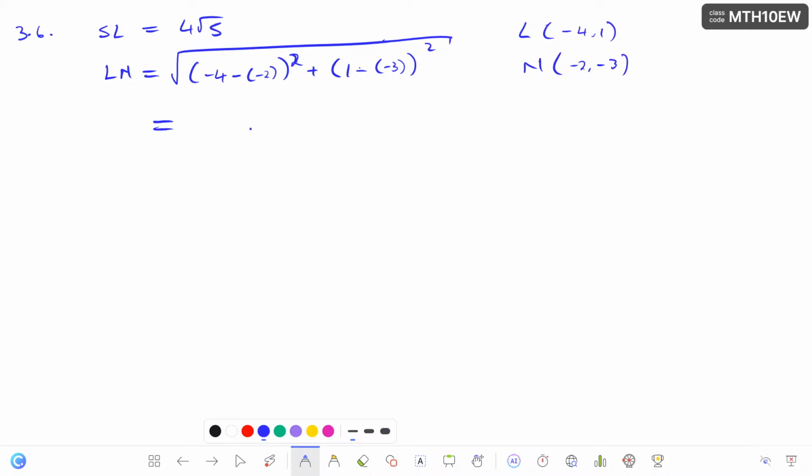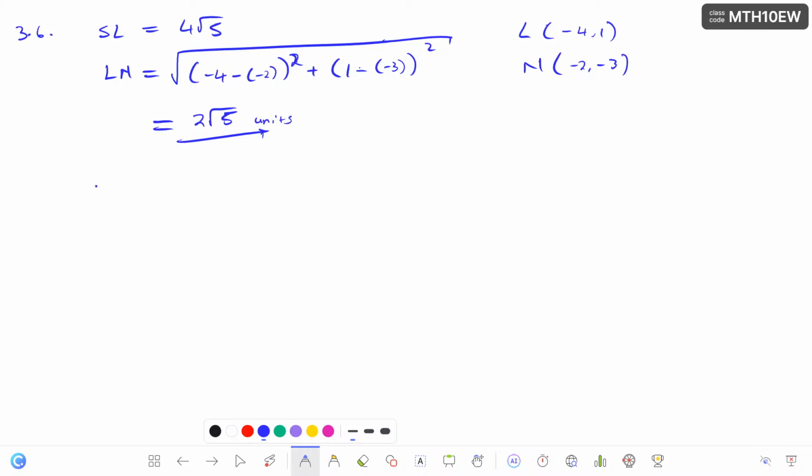So here, when I use my calculator, let me check. I get my answer as 2/5 units.